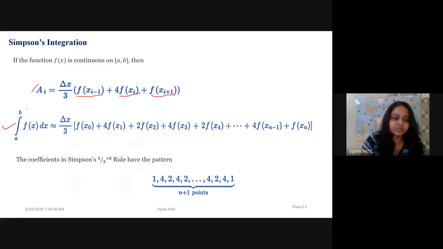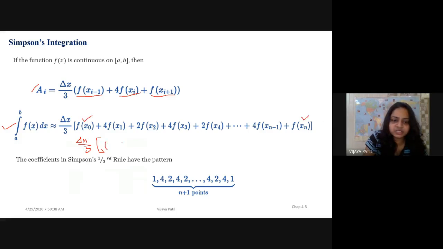So the integral from a to b of f of x dx is approximated by delta x by 3 times f of x0 plus 4 times f of x1 plus 2 times f of x2 plus 4 times f of x3, and so on. To write this as a simple formula, it is delta x by 3, and I'll club the first and last function values in one bracket.